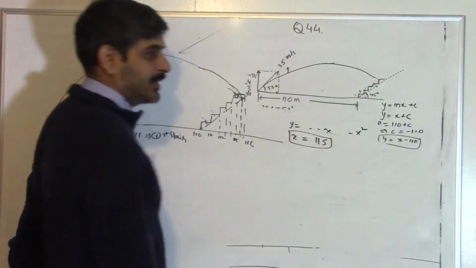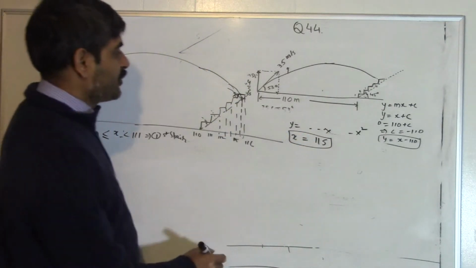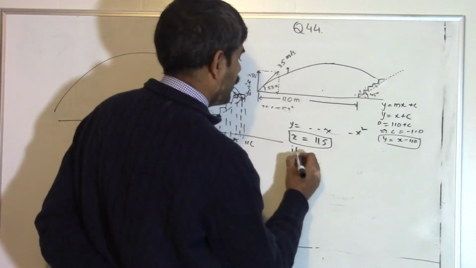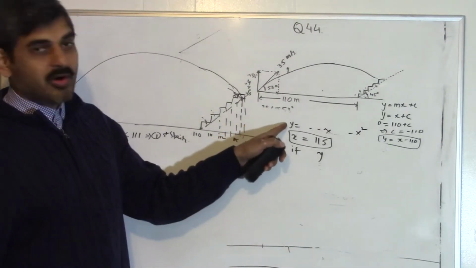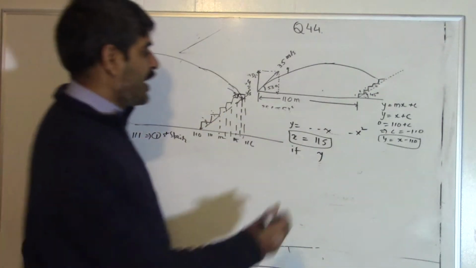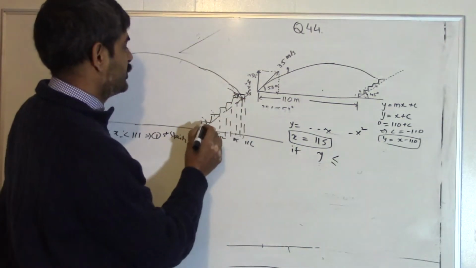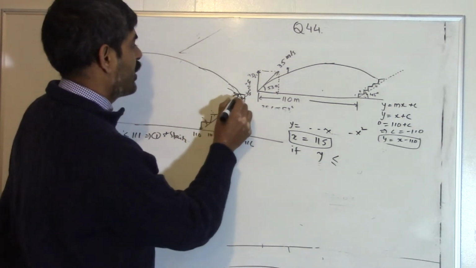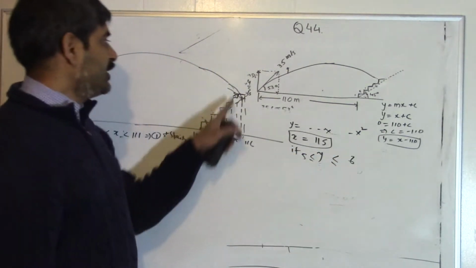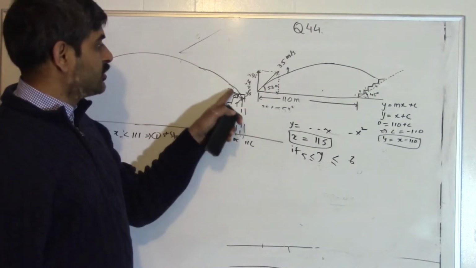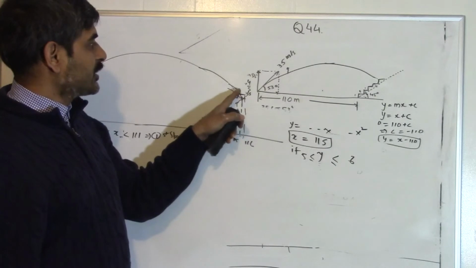Substitute the value of x and find the value of y. If that y lies between here and here, which is 5 and 6, then the ball is coming through this. If not, then you need to check the other condition.